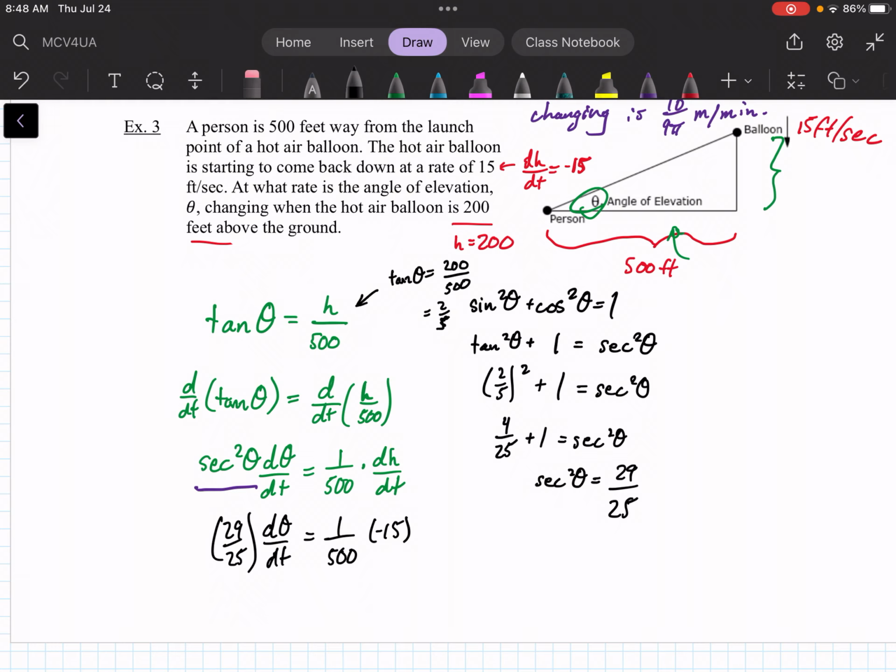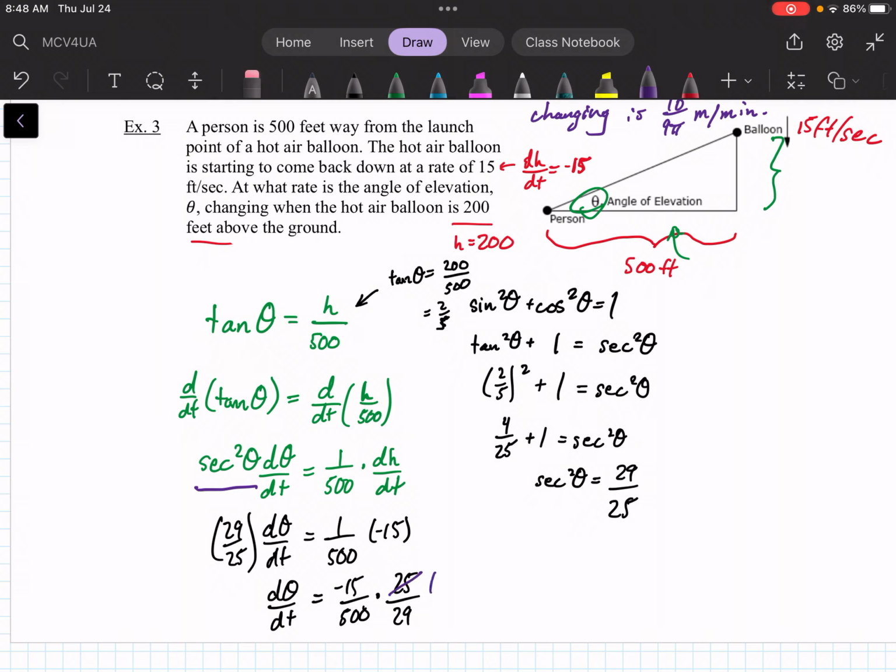Whenever you do this kind of thing, don't simplify first. Just try to rearrange. It might be better to simplify afterwards. So I get negative 15 over 500 times 25 over 29. Right off the bat, I do notice that 25 and 500 have similar terms. So I can divide 25 into 25 once.